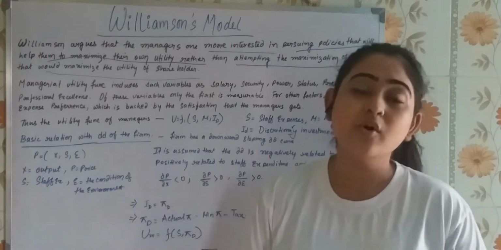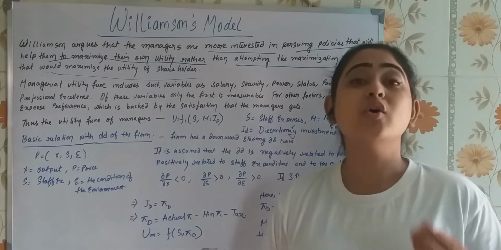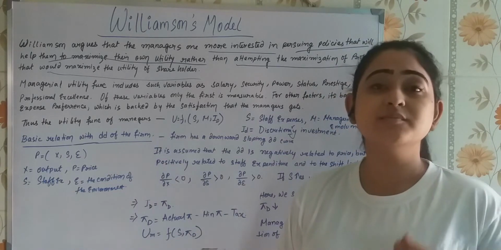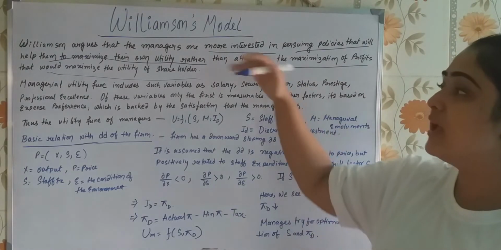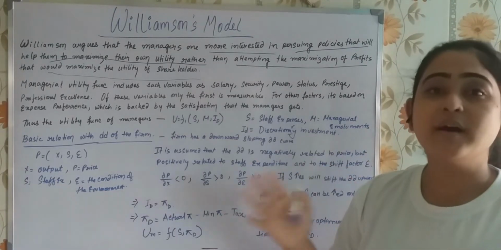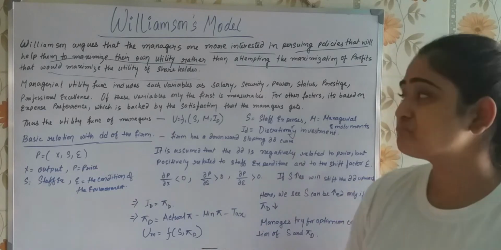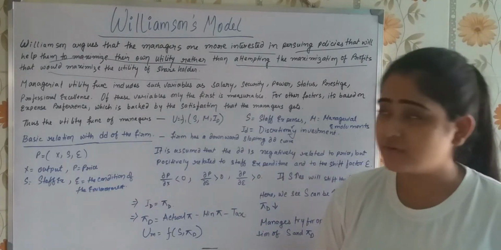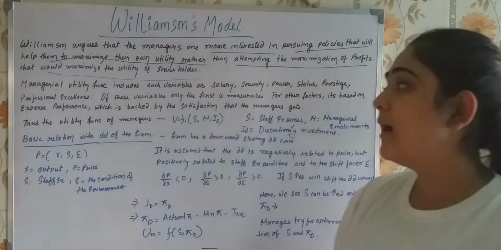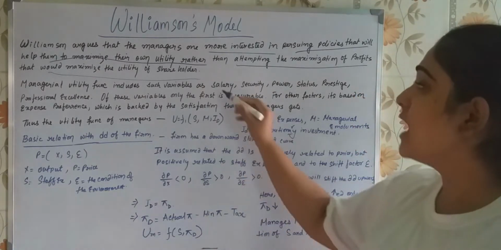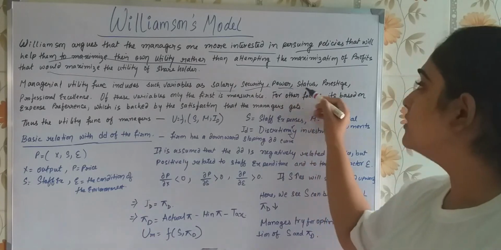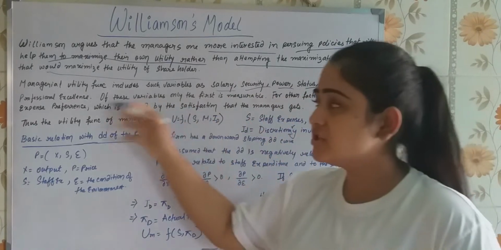In Williamson's model, we say that there will be a constraint, a profit constraint. They have this utility maximization, right? But it has to be subject to some profit constraint. Next, the managerial utility function includes variables such as salary, security, power, status, prestige, professional excellence.